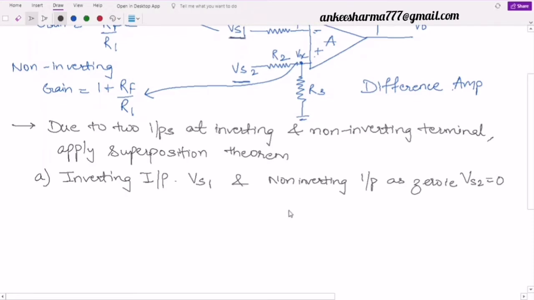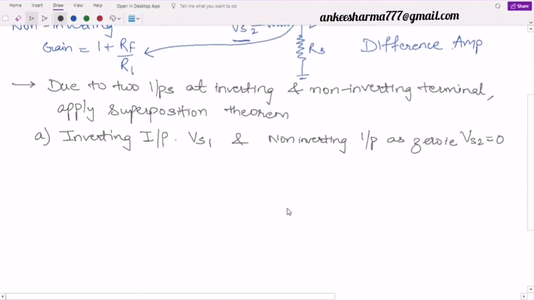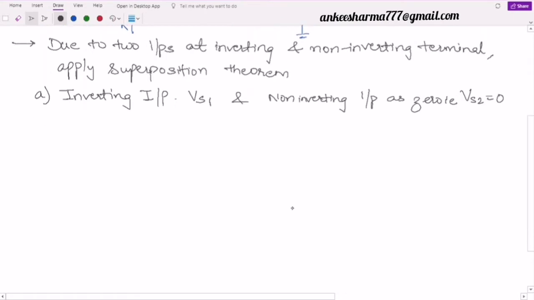Now, I will draw this diagram for your reference. It will be like this, where I am going to take only the inverting input. This feedback will be there. This is Rf, this is R1, this input is Vs1.